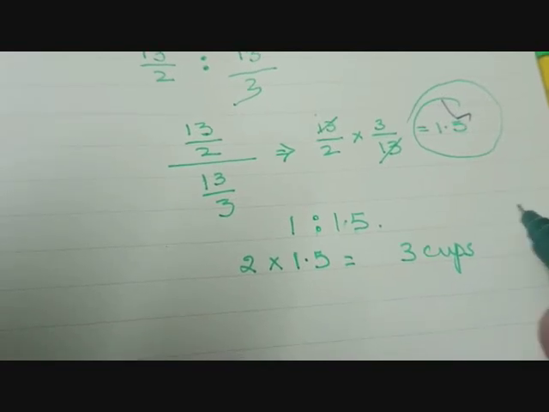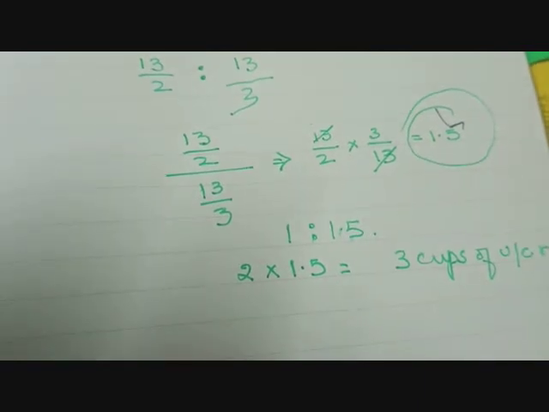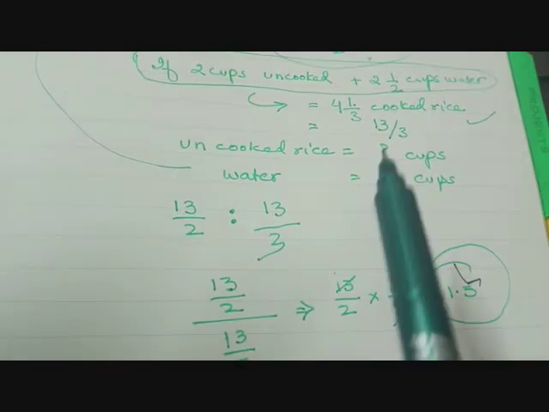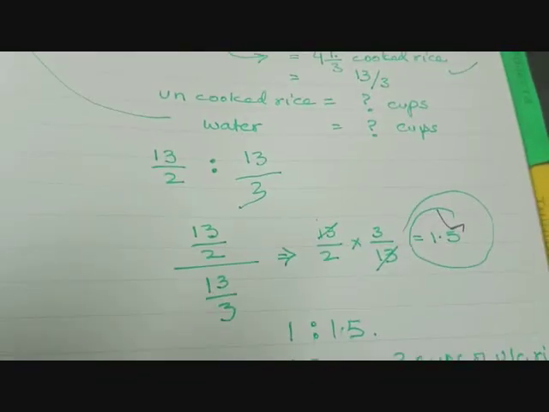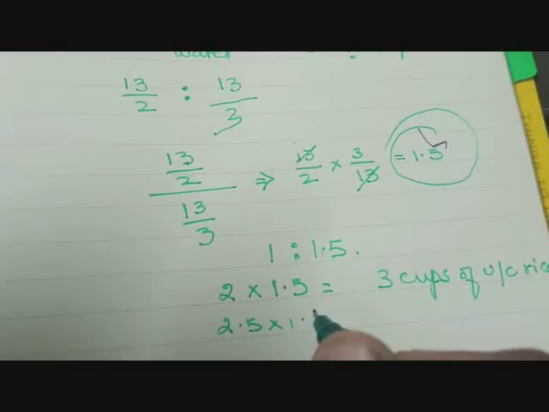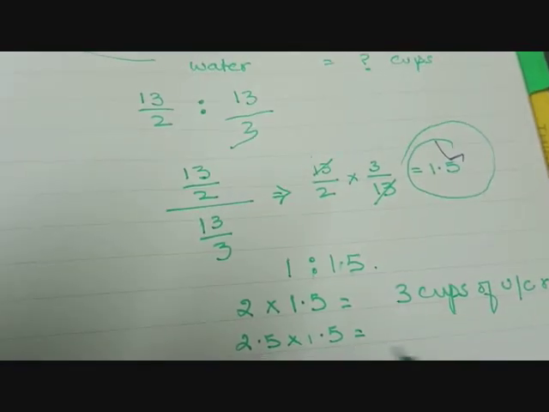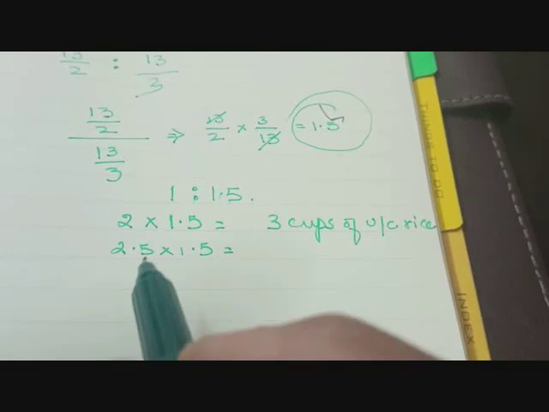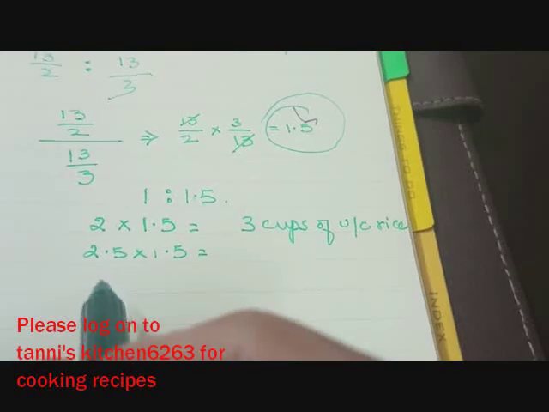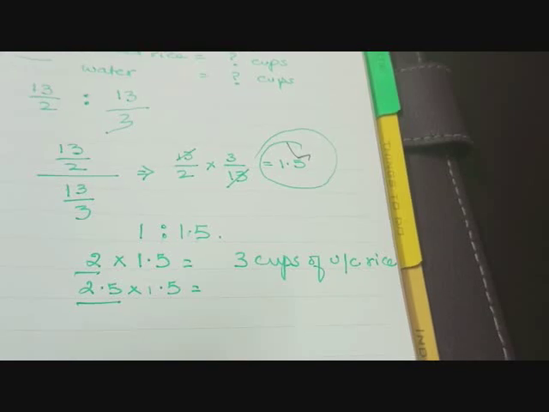3 cups of uncooked rice. And similarly, when we multiply 2.5 by 1.5, what will be the result? Let me multiply it. Now this 2.5 is the ratio of water, and this 2 is the ratio of rice.